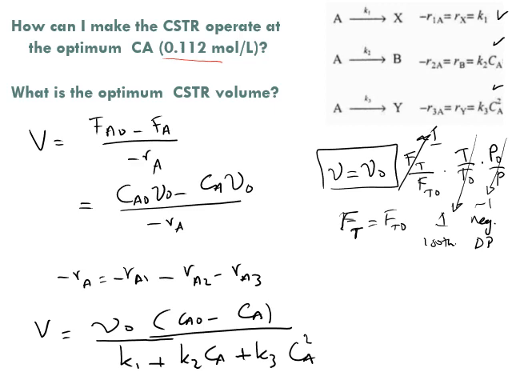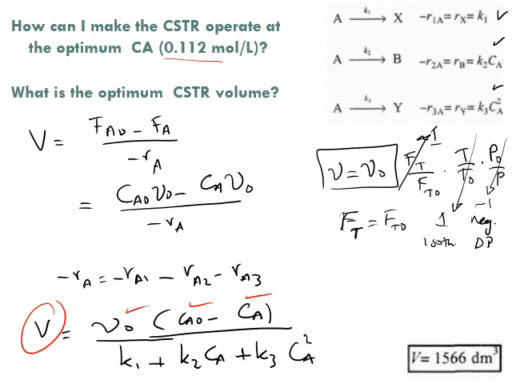All of these values are given, and all the K's are given, so we can calculate the volume, and the volume would turn out to be around 1,500 or 1,600 liters.